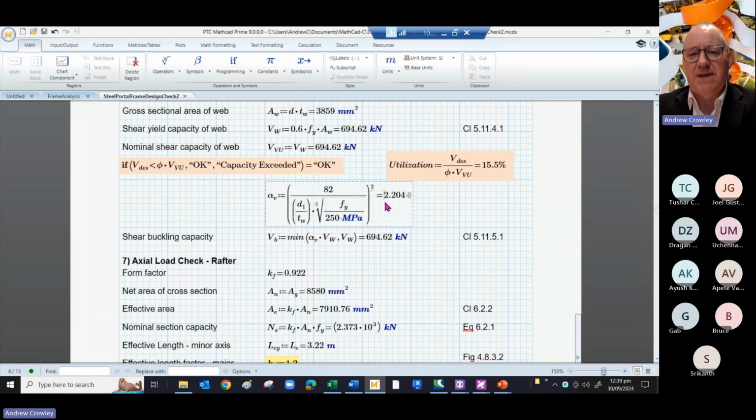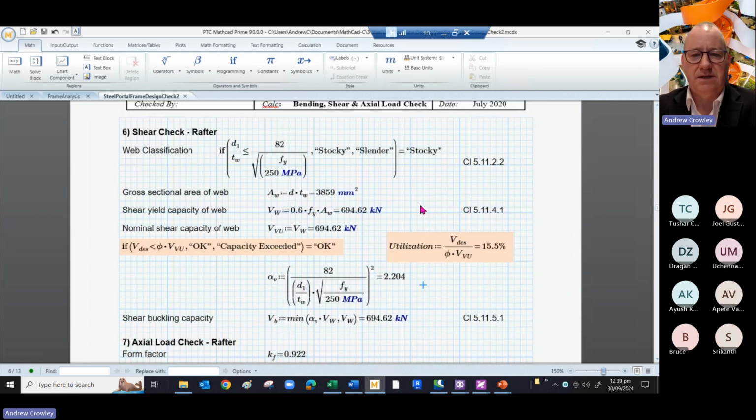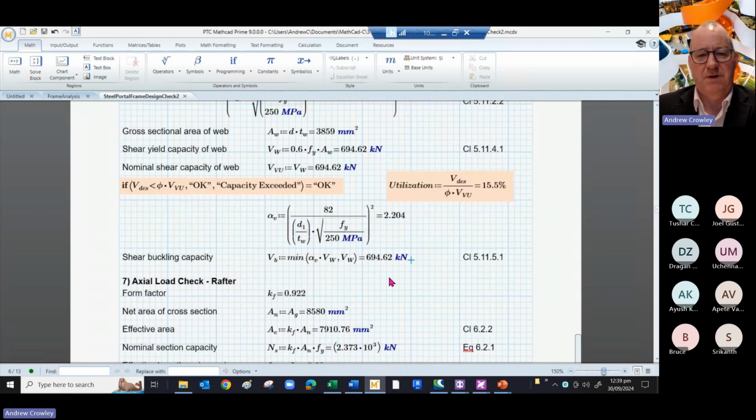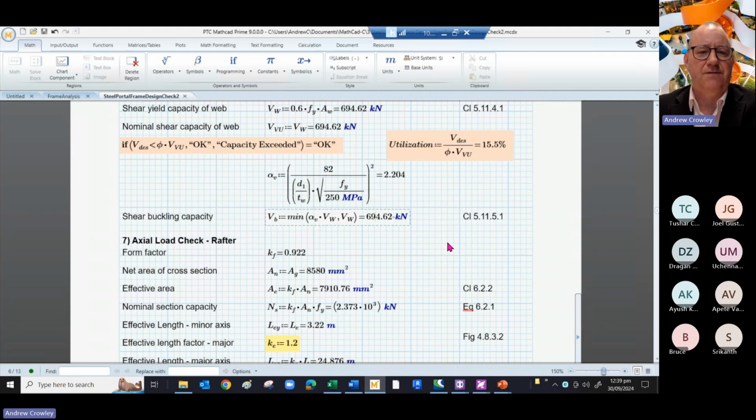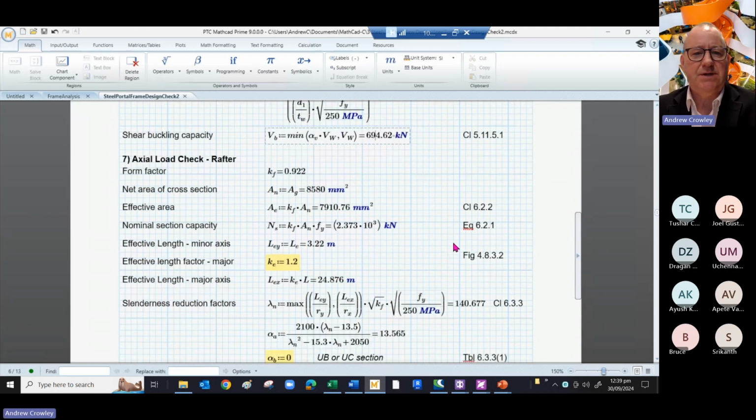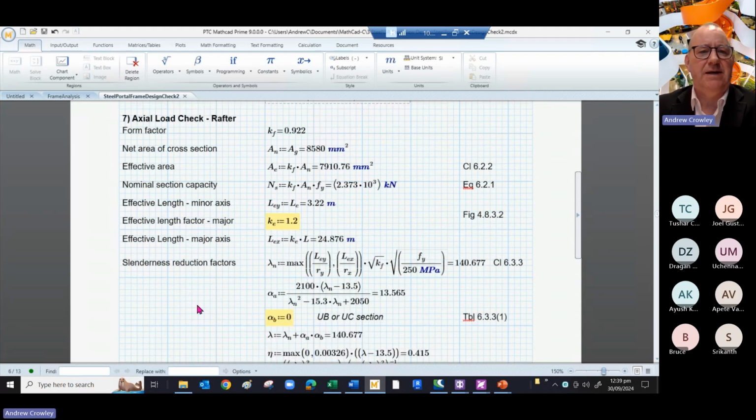This is therefore bigger than your standard shear capacity, which means you take the minimum of the amplified or reduced shear capacity and the straightforward shear capacity you've worked out before. So we stick with our 694. So that was shear.